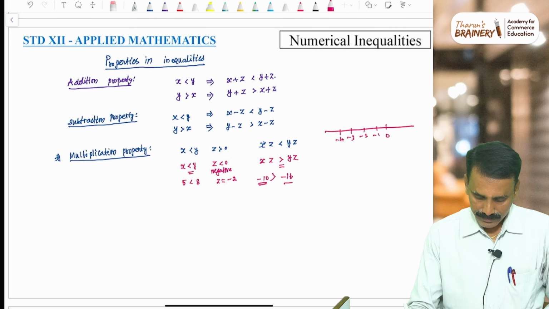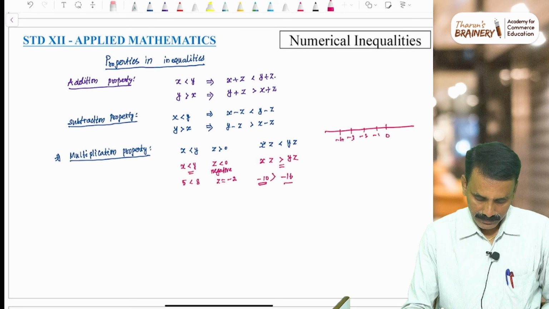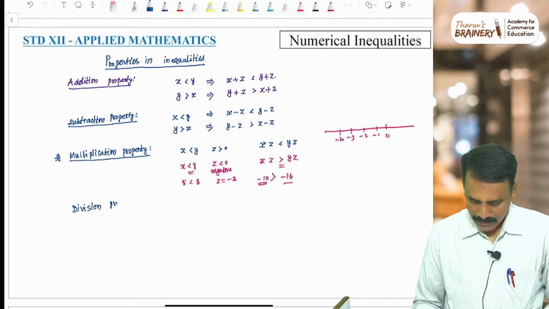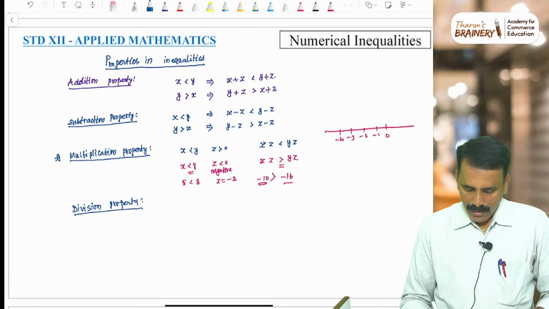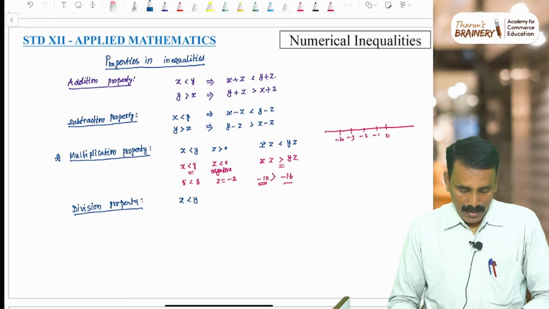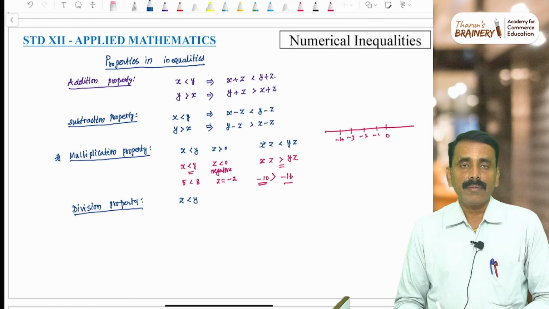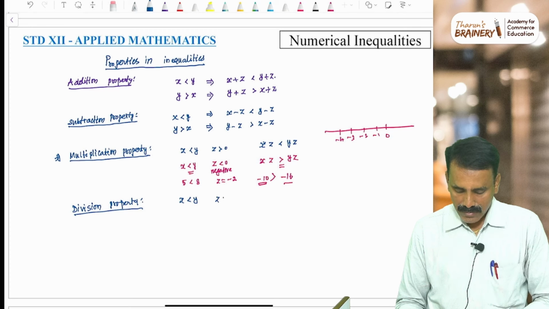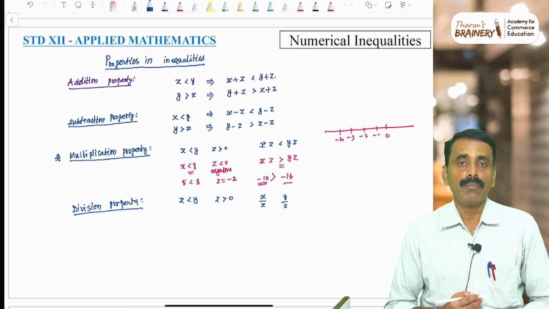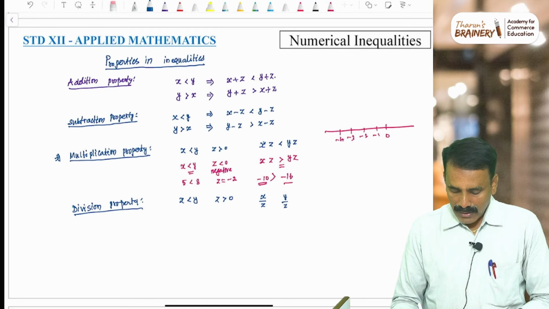Division property. Division also works like multiplication. When x is less than y, when you divide by a number z which is greater than 0, that is x by z and y by z, the inequality remains the same.